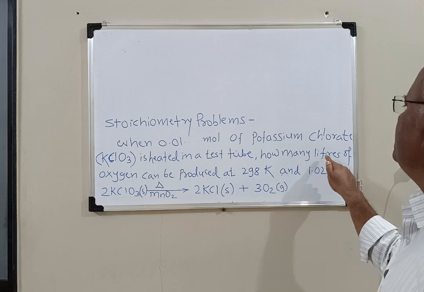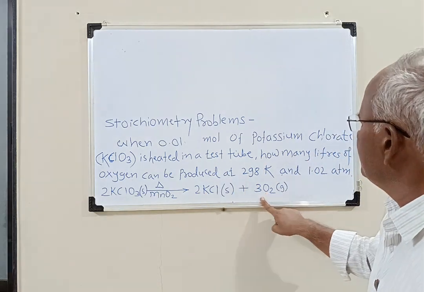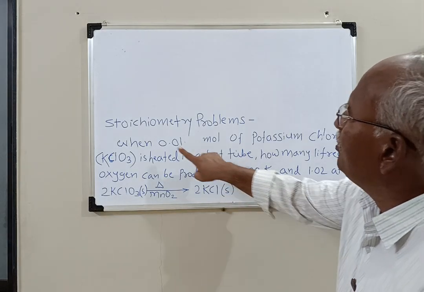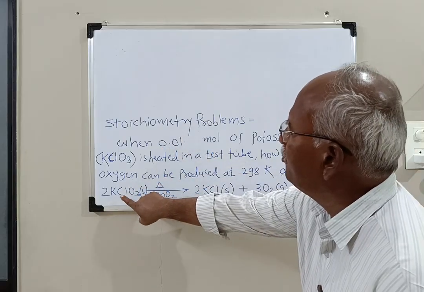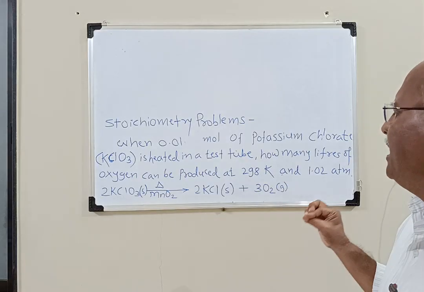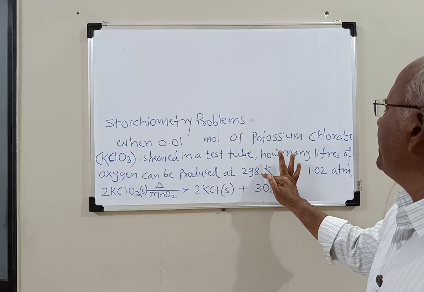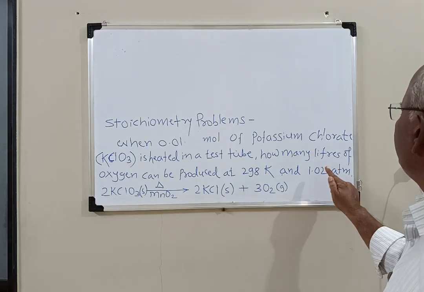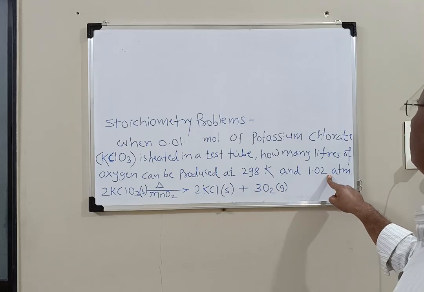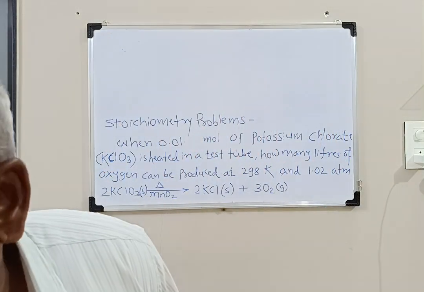How many liters of oxygen can be produced? That means how many liters of oxygen will be produced from 0.01 mole of potassium chlorate. Temperature is given as 298 Kelvin and pressure is given in atmosphere, 1.02 atmosphere. So let us solve this problem.